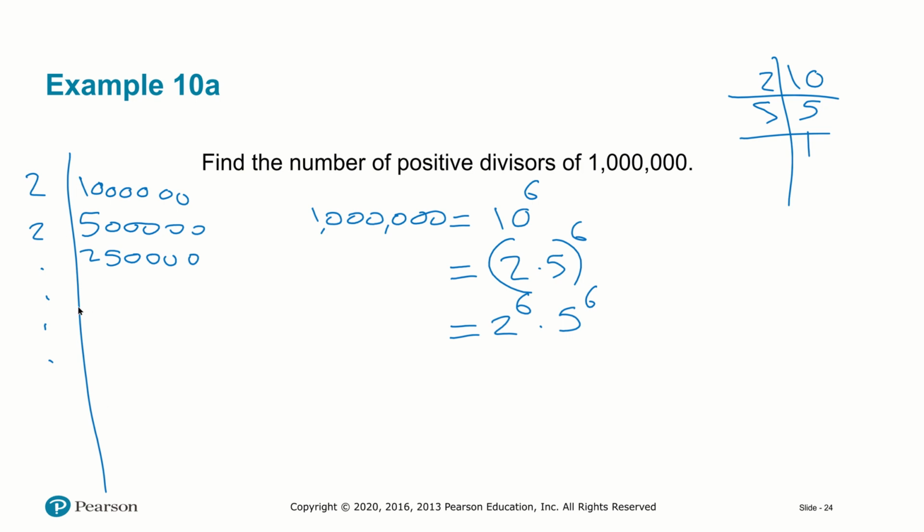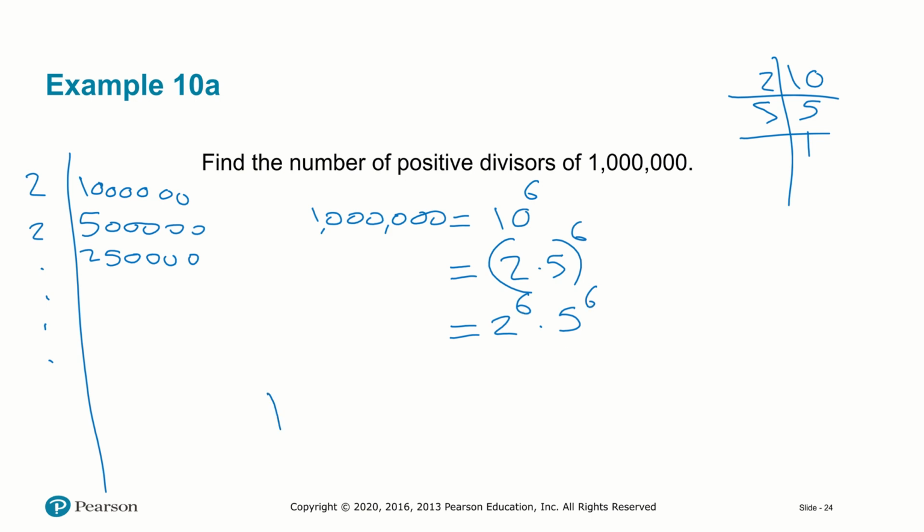Now, the standard method works in a fantastic way for most numbers, but sometimes when a number lends itself to it, you want to use any clever opportunities that are available to you to save some time. Now, notice we have a product of two factors, each with exponent 6.